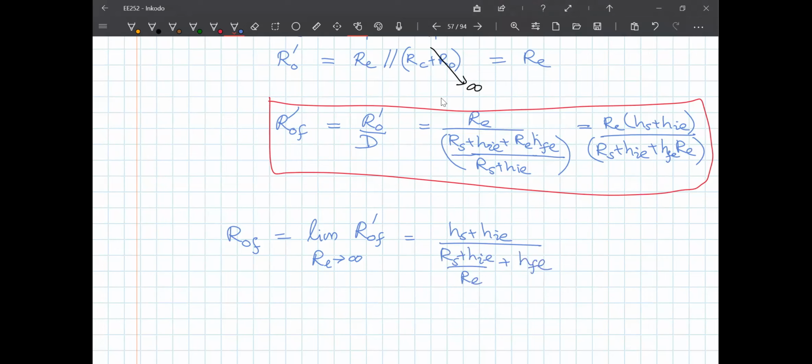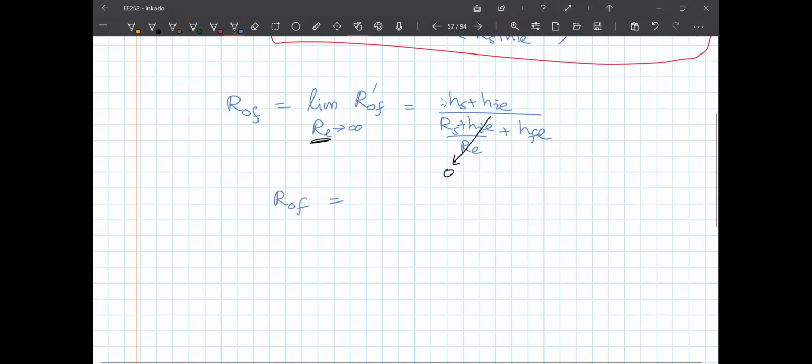So this will be 0 when RE is infinity. So this whole thing becomes ROF equal to Rs plus HIE divided by HFE.